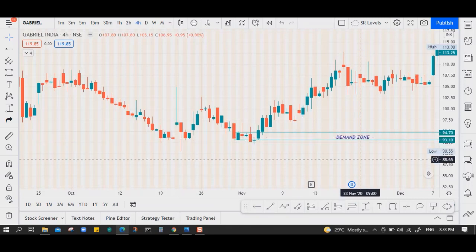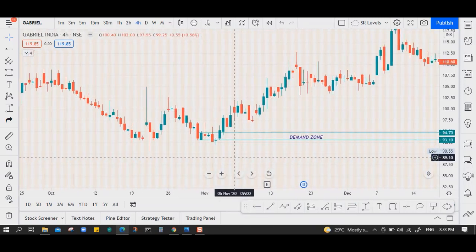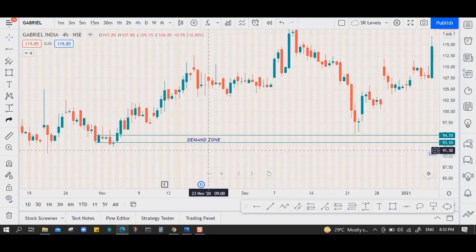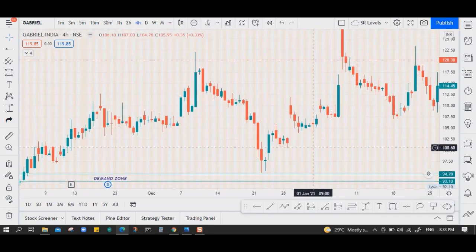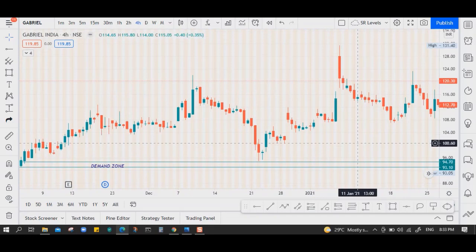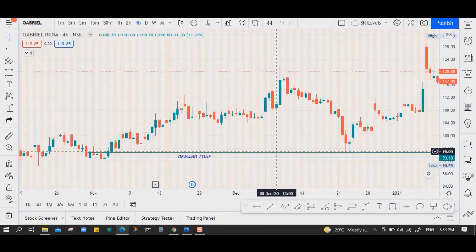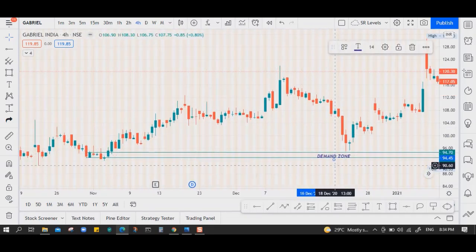Okay, when the price comes to this area, let's see what happened. See, when the price comes to this area, there is a strong price action rejection here. Then from here, the market went to the upside. It means this is a strong demand zone, so in future you can consider this as a demand zone.